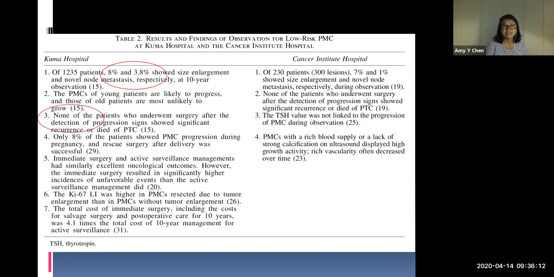In addition, none of the patients who underwent surgery after the detection of progression showed significant recurrence or died of PTC. So again, demonstrating no loss of value with surgery after observation. And the total cost of immediate surgery was 4 times the total cost of 10 years of management of active surveillance. And the Cancer Institute Hospital showed similar findings as well.